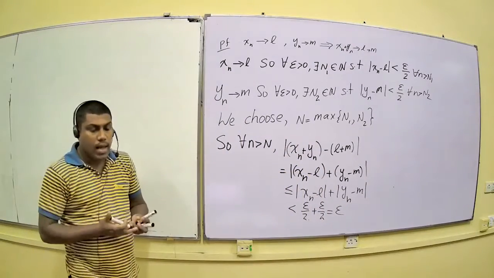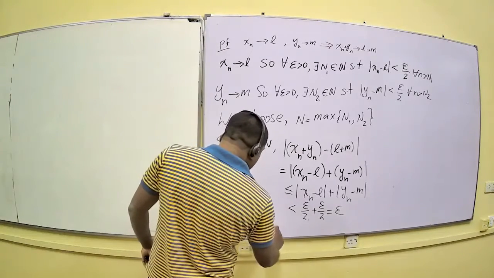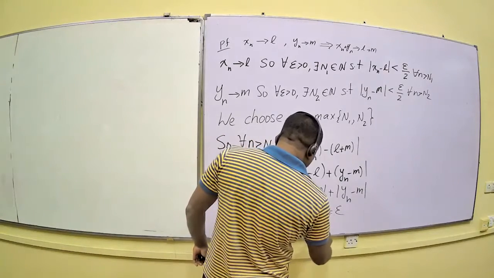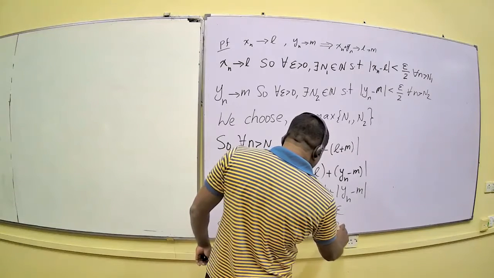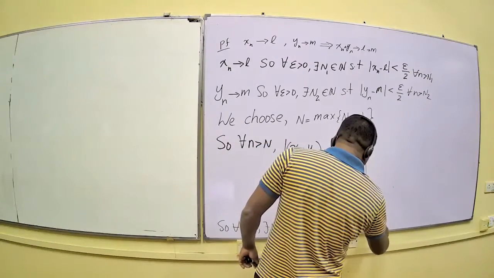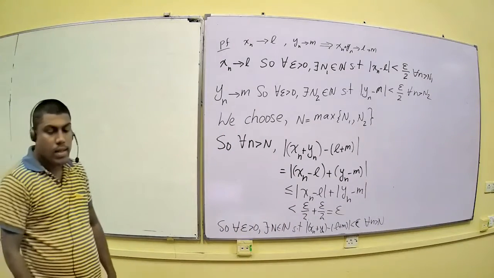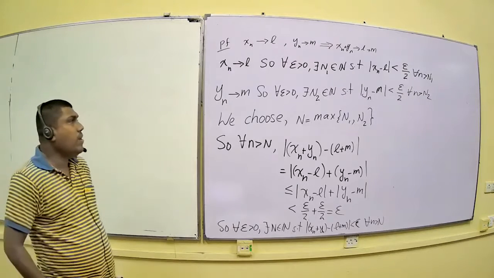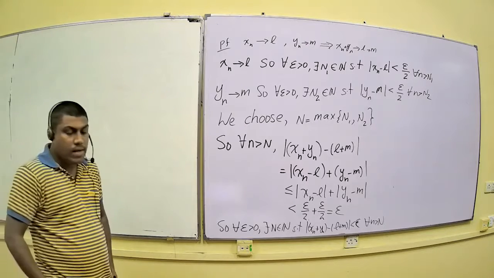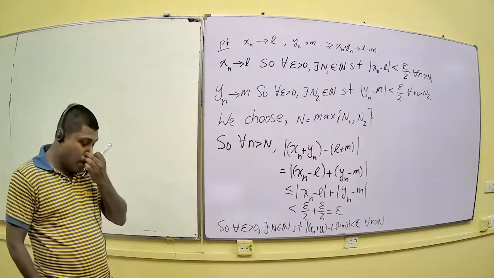So this shows us that for every epsilon positive, there exists N belongs to natural number such that |xn plus yn minus (L plus M)| is less than epsilon for all n bigger than N. So that shows you that the limit of the sequence xn plus yn is L plus M. So clearly the sequence is converging, and its limit is L plus M as well.